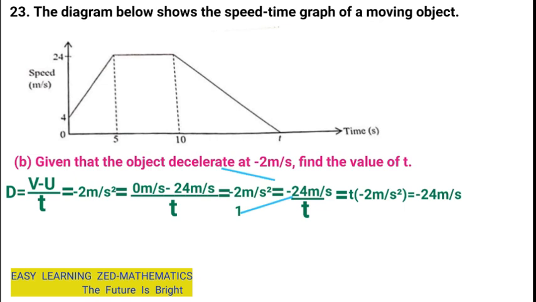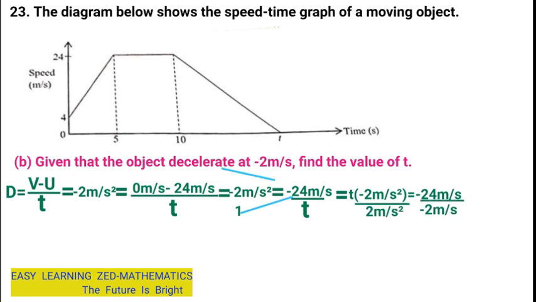Next, I'm going to divide both sides by a common factor, which is negative 2 meters per second squared. I want to remain with t alone, so I have to get rid of those which are with t on the left side of the equal sign. So I divide that by that, as well as that by this.